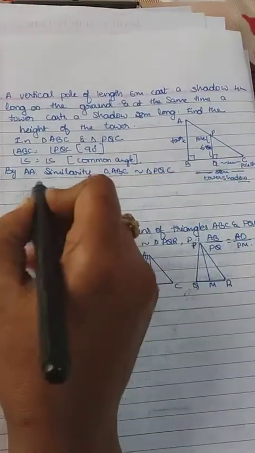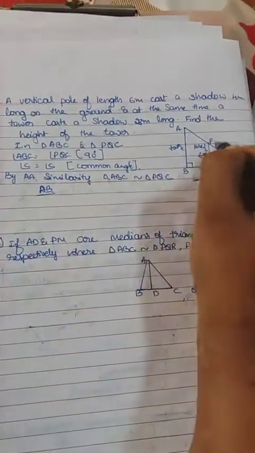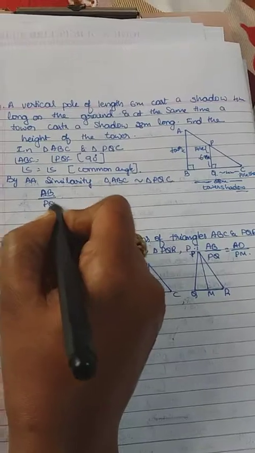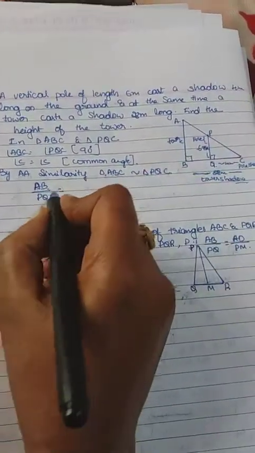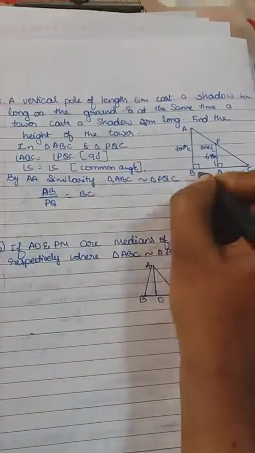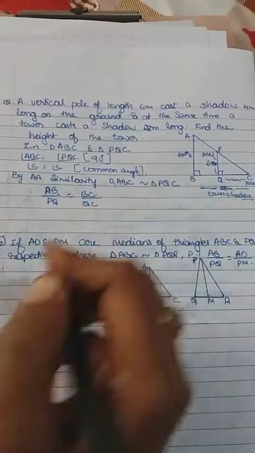Sides in the sense AB divided by the same side PQ, equal to BC divided by QC, right? BC, this side, and one more QC, BC divided by QC, we can take that.